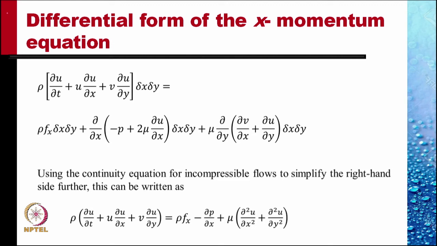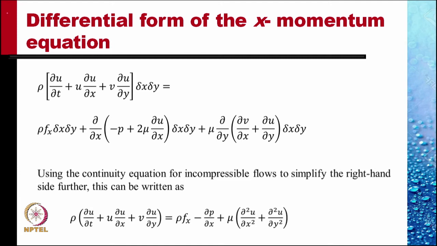This is equal to rho fx, the body force terms, minus del p by del x, which is the pressure force term, plus mu times del square u by del x square plus del square u by del y square. This is the viscous force terms, the net viscous force terms for all the surfaces combined.